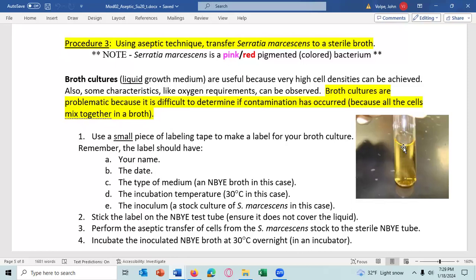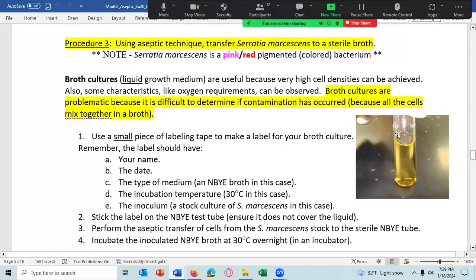For example, if in this media you had Serratia marcescens and E. coli, and E. coli was the majority of the cells growing in the tube, then the tube will not take on a pink appearance, or will be very, very light pink, because E. coli is unpigmented.